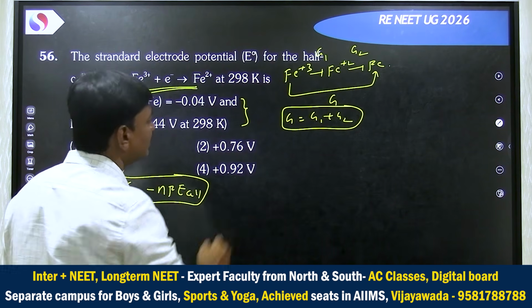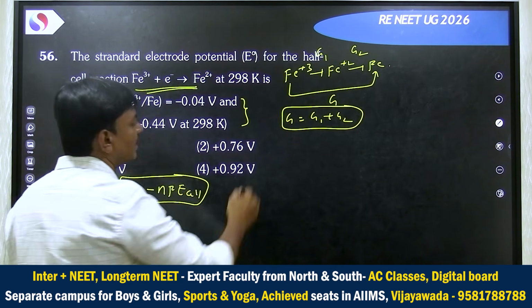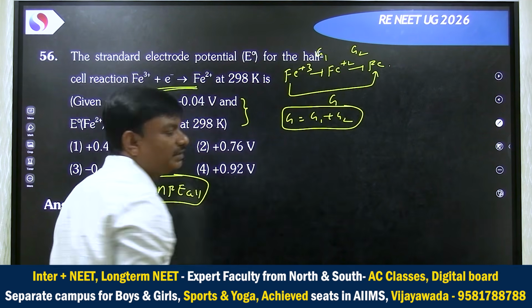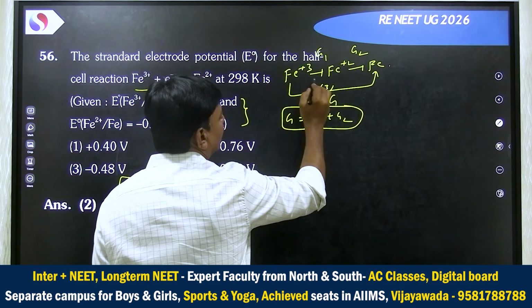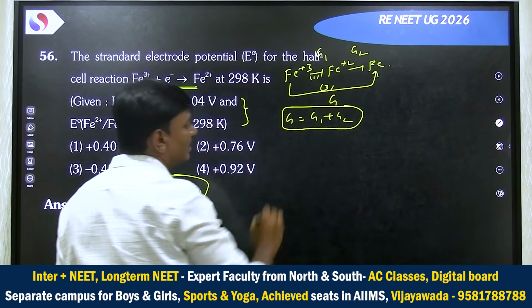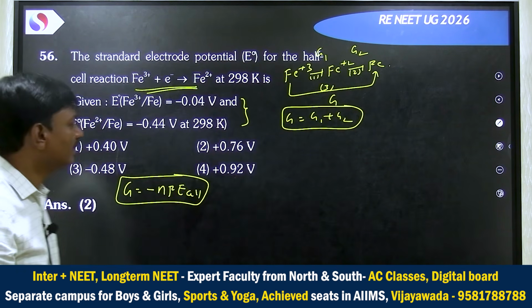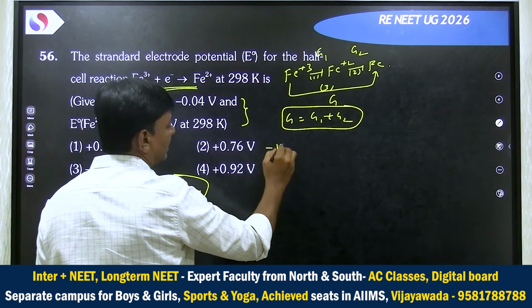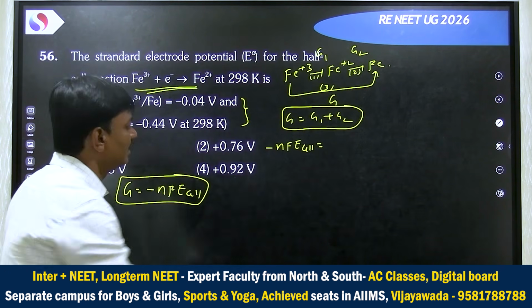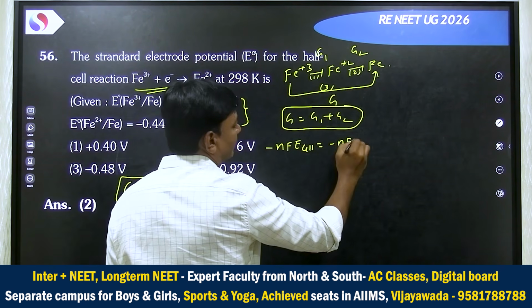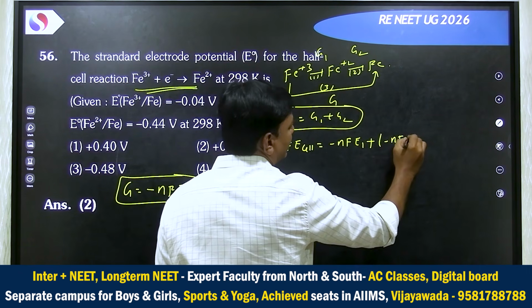So we have to calculate the n value first. n means the number of electrons transferred. Here plus 3 to 0; Fe means 0 oxidation number. Here 3 electrons, and here only 1 electron for Fe plus 3 to Fe plus 2. Here 2 electrons for Fe plus 2 to Fe. So here G means minus nFE cell, which is equal to G1, minus nFE1 cell, plus minus nFE2 cell.